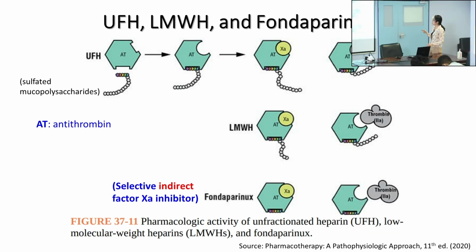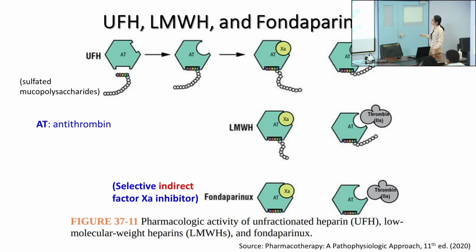However, their specificity is different. But before that, we have to know the heparin family does not interact with factor 10 or factor 2 directly. They need a cofactor called antithrombin in the blood.